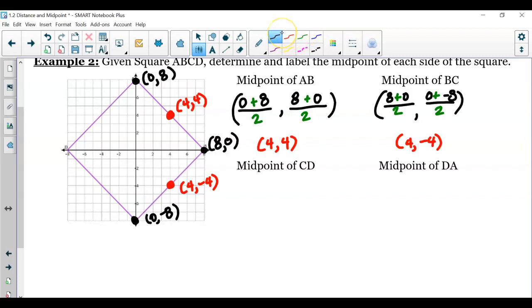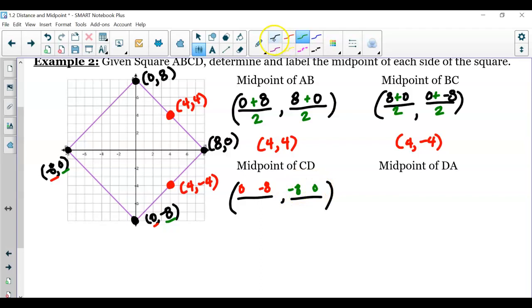Again, we have the point A at 0, negative 8, and B here is at negative 8, 0. We have our x coordinate and our y coordinate. Our x coordinates are 0 and negative 8. Our y coordinates are negative 8 and 0.